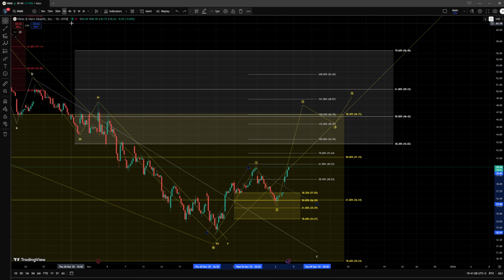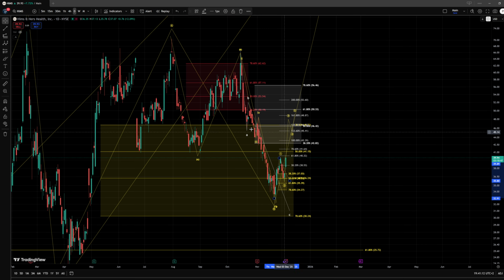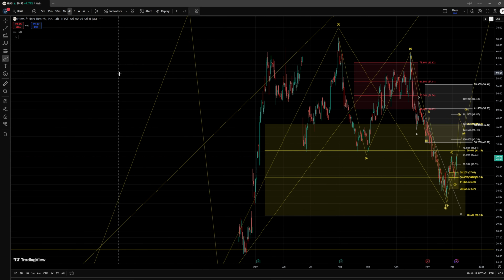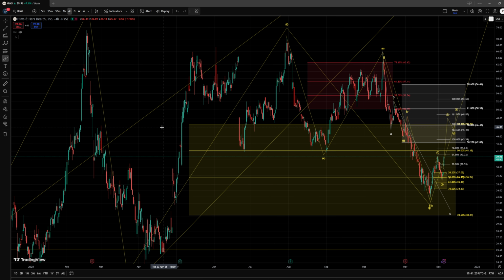Now, what other resistance could we watch out for? Well, I would right now be eyeing some resistance levels in terms of structural resistance, and here we could be looking, maybe on the 4-hour time frame we see them better, but this area between the $46.3 all the way down to this peak, the $46 level.